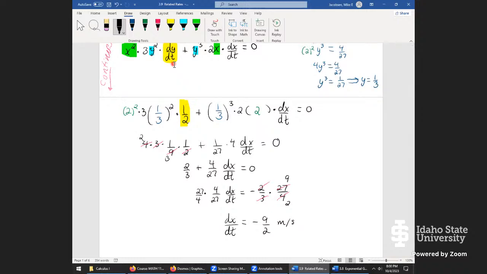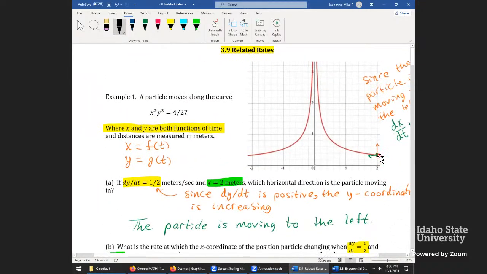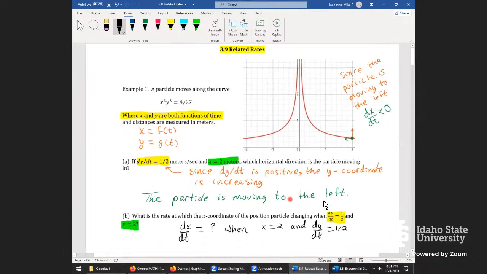It's going left at a starting rate of -9/2 meters per second. Would that make sense? Let's take a look. If you're right here on the curve, going up by a tiny amount means you have to go left by a large amount. So I would absolutely believe that our derivative going to the left should be larger in magnitude than the derivative for the one going upwards being 1/2.